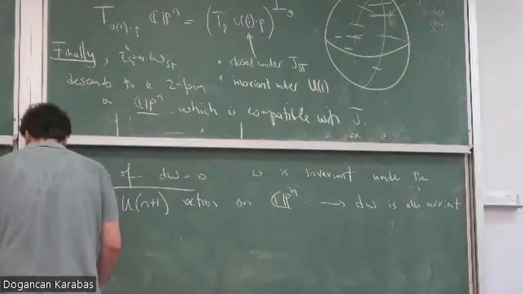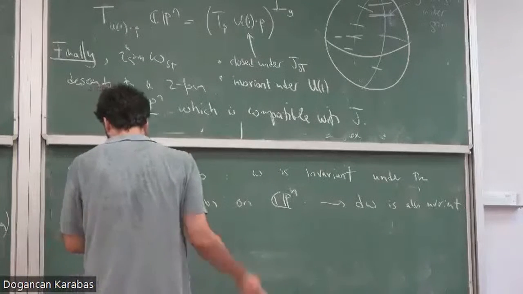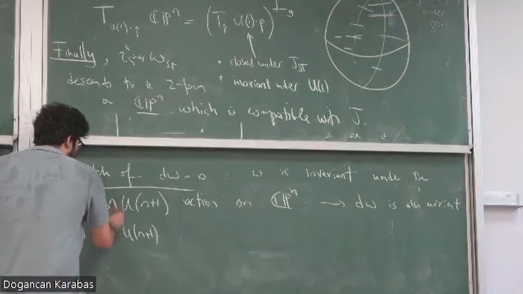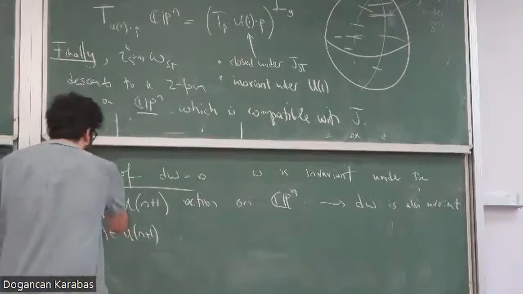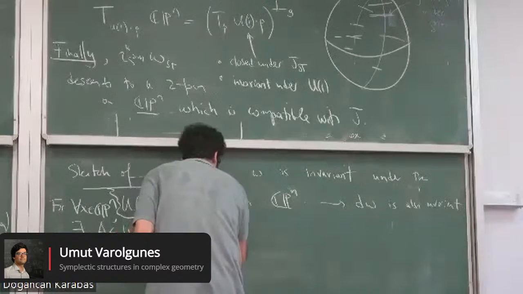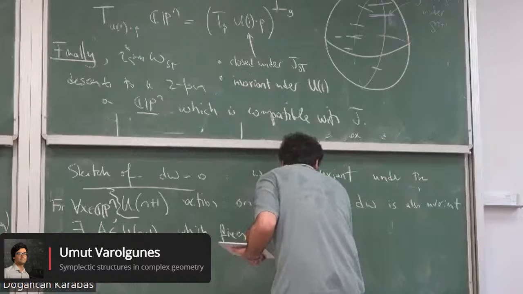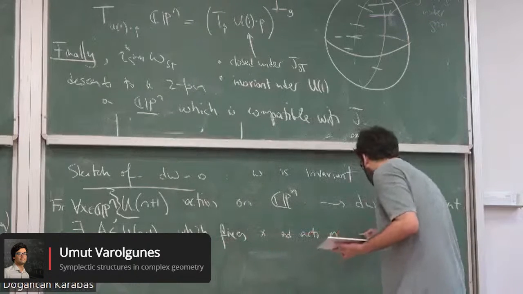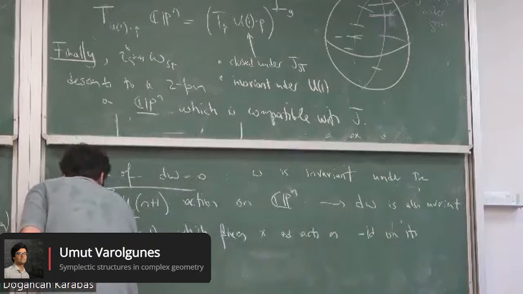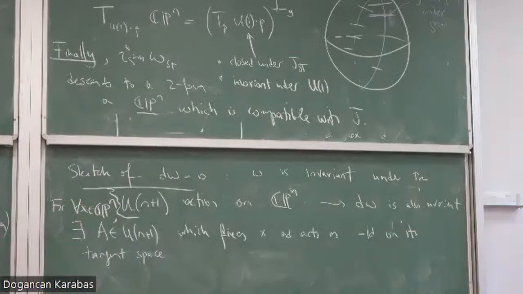And then here's the key point. For every x inside my CP^n, there exists an element A of U(n+1) which fixes x and acts as minus identity on its tangent space. You can find such an A. It's an exercise.